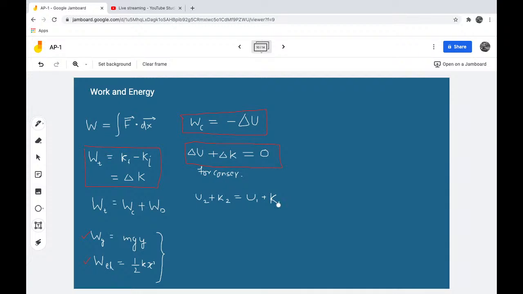So this is the total mechanical energy final, and this is the total mechanical energy initial. The total final mechanical energy, which I will represent by E2, has to be equal to the total initial mechanical energy, which I will call E1, and that has to be constant. So that is a very important law that we have studied.